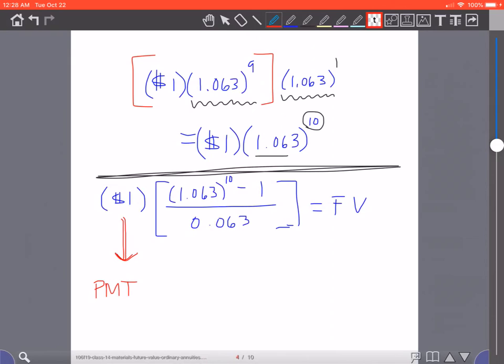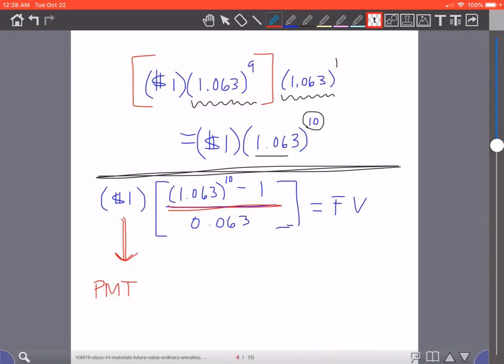Notice that inside the parentheses, you have 1.063 to the 10th power, so that represents your growth factor. You're subtracting 1 from it, and then you're dividing by the interest as a decimal.